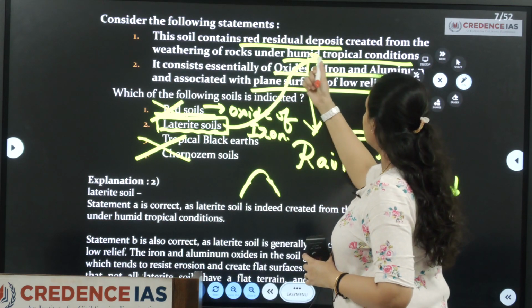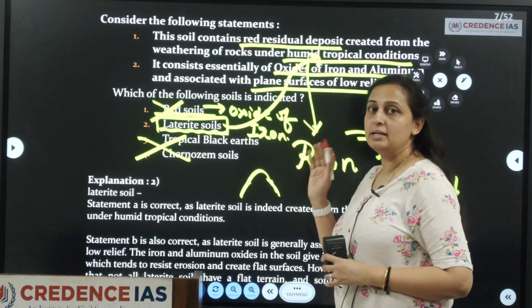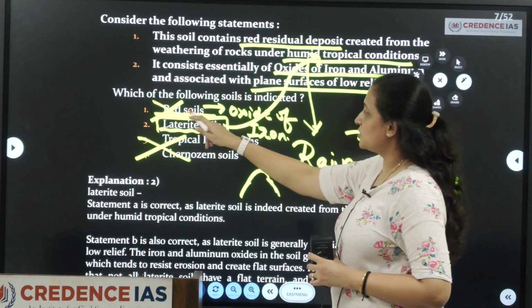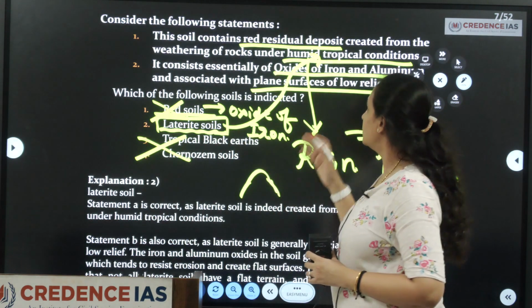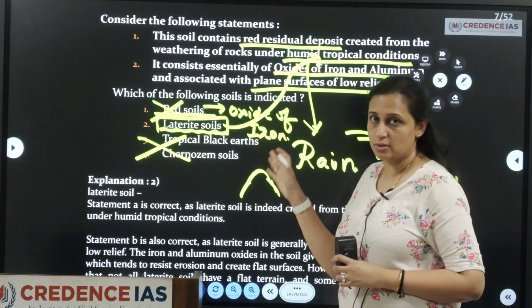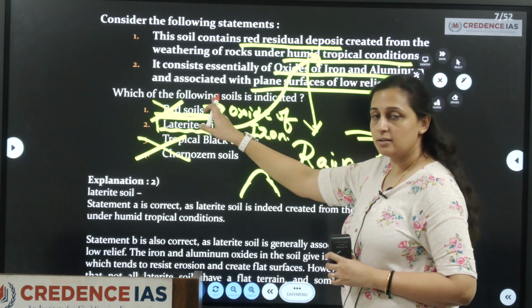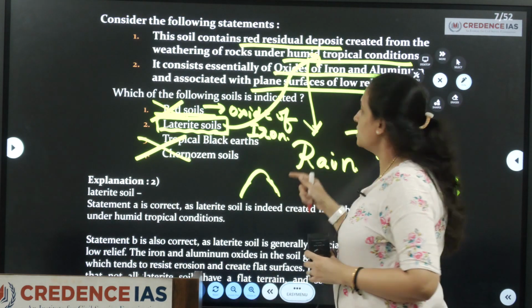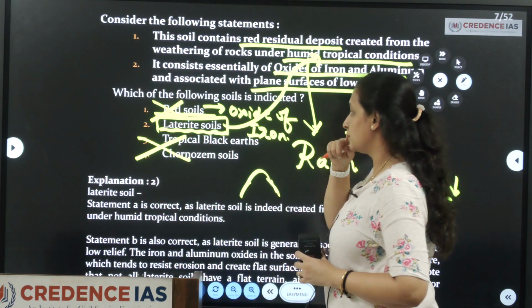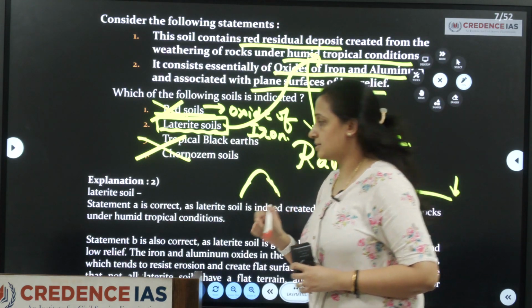Also it is related to humid tropical conditions, because red soils will be formed even in drier areas. It is not necessary that humidity should be more for red soils, but for laterite soils that is not the case. So based on these two keywords, the answer is laterite soils.